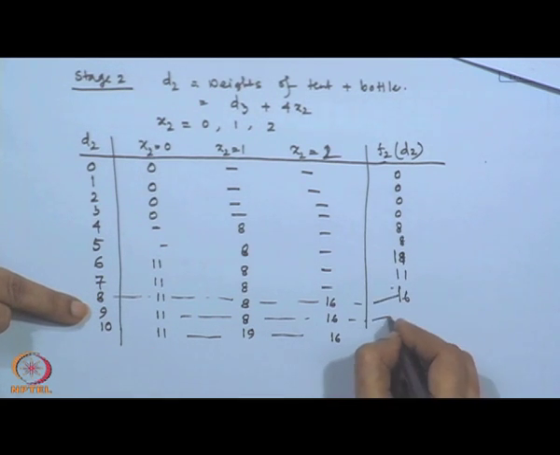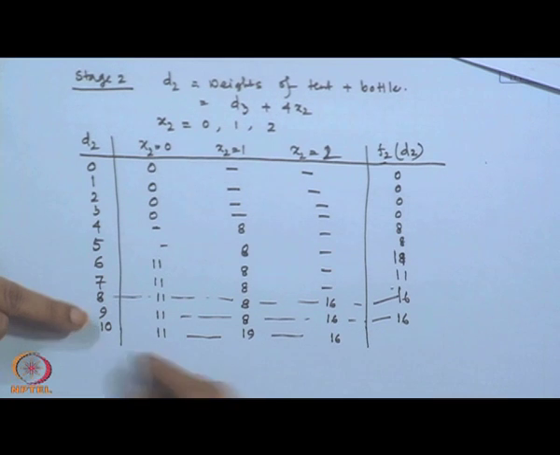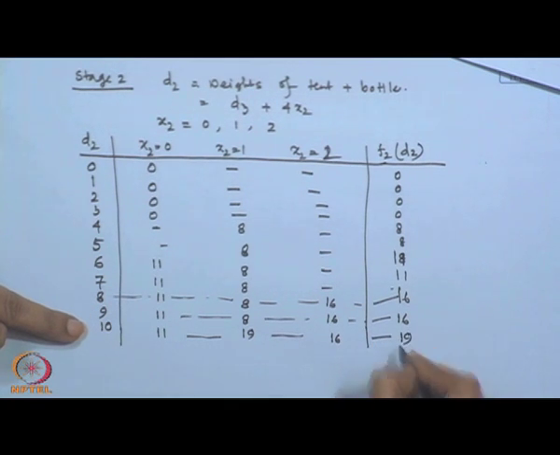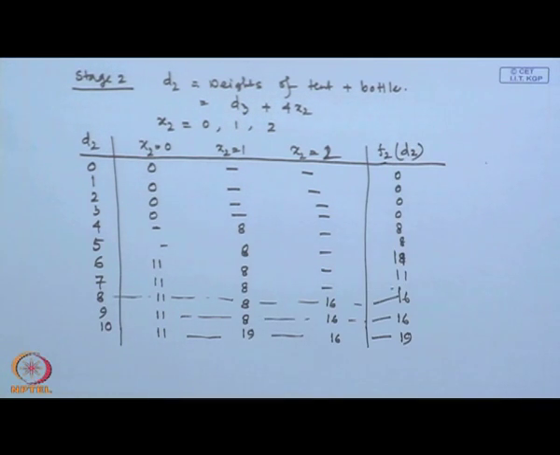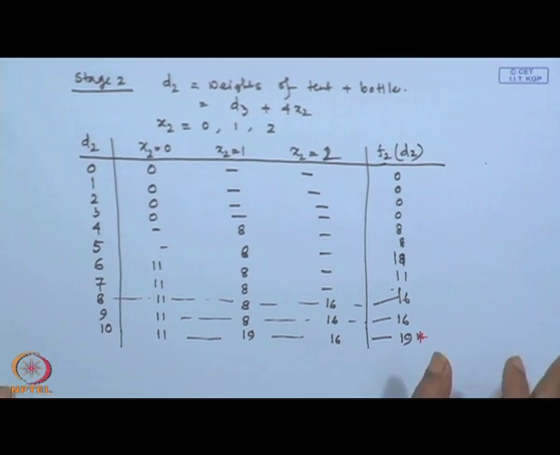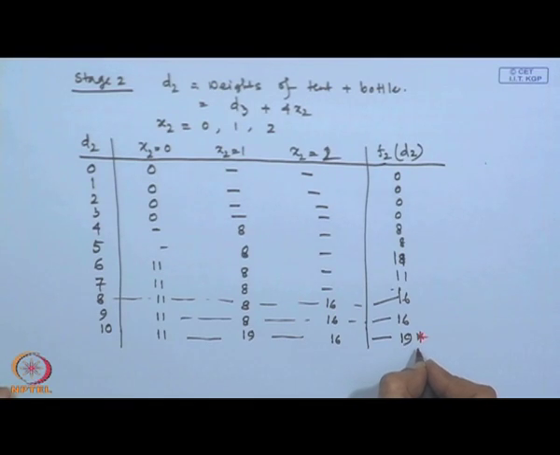This is for 9, the maximum value is 16, but see for 10 the maximum value is 19. Thus, even without knowing the much complicated dynamic programming technique, here also we can decide that that could be the optimal solution up to this stage. If I consider this problem as an individual optimization problem, then we can say that this is the optimal solution.